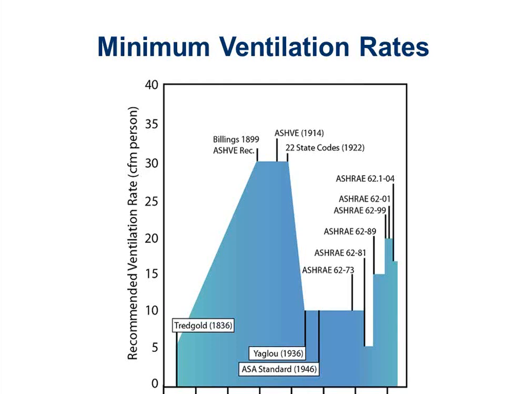Since 2004, we're showing here 17 CFM per person, but that's more like an average. As we'll talk about when we go through the code in a little bit, it's really a per person plus a per square footage number nowadays. So for a typical densely occupied office space, it comes out to about 17 CFM per person.